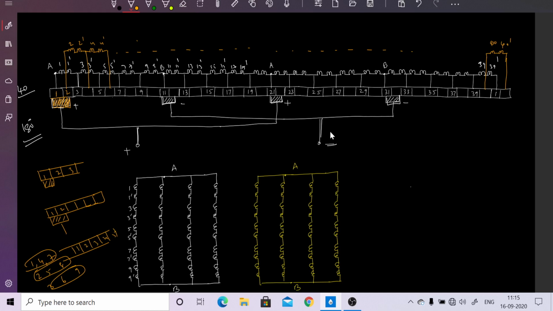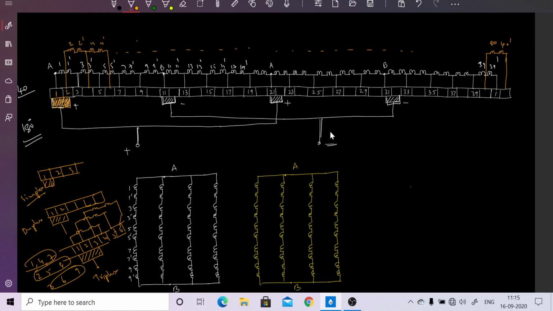So the first winding will be between 1, 4 and 7, the second winding between 2 and 5, and the third winding between 3 and 6. So the brush now will be wider, covering 3 slots in case of triplex, and this is duplex, and this is simplex. I hope you have understood.